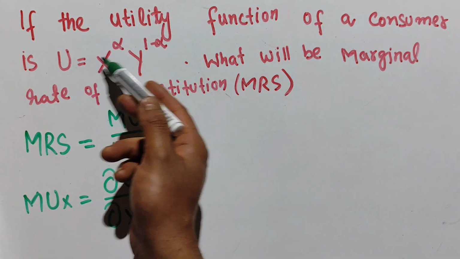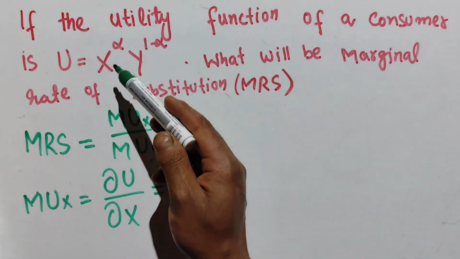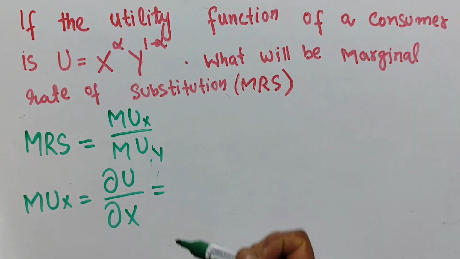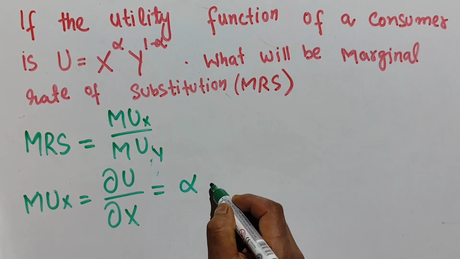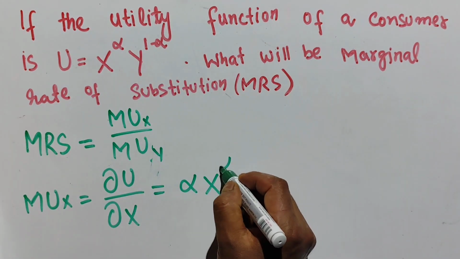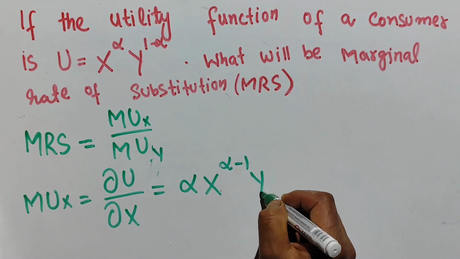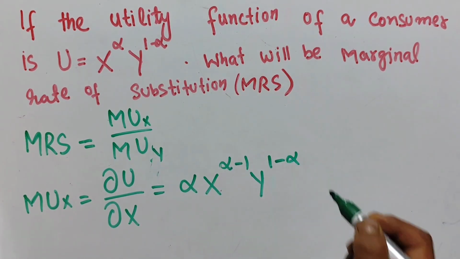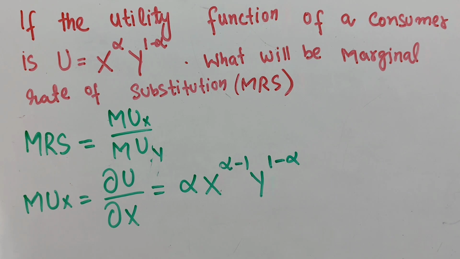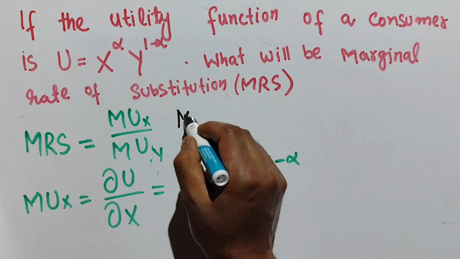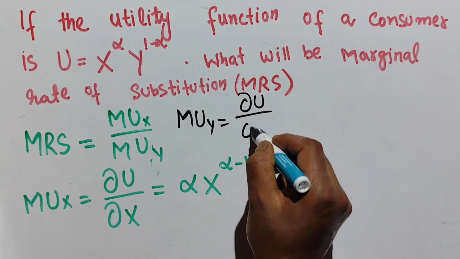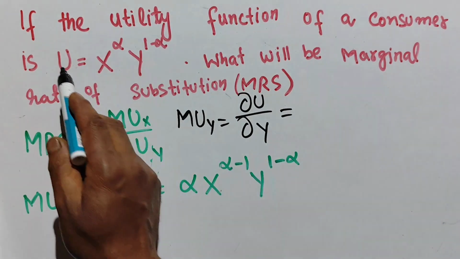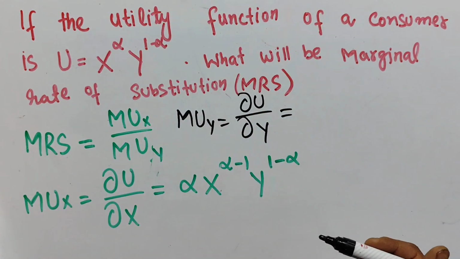So given this utility function, taking derivative with respect to x means the exponent of x becomes coefficient. So alpha becomes coefficient, then we have x, and alpha is subtracted by 1 by power function rule. Y remains same as it is, as 1 minus alpha is the exponent. Similarly marginal utility of good y means the change in the utility due to the change in the consumption of good y, that is the partial derivative of this utility function with respect to y this time.